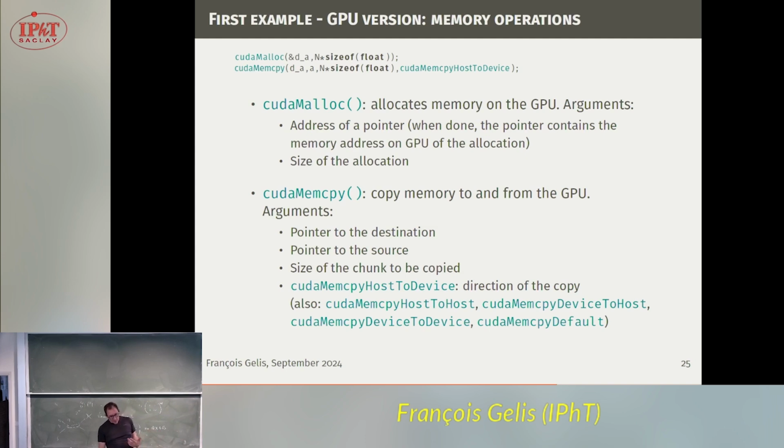So in principle, the compiler has enough context to determine if a given pointer lives on the host or lives on the GPU, because you didn't reserve the corresponding memory in the same way. And therefore, the compiler, in principle, knows where the corresponding memory is located.